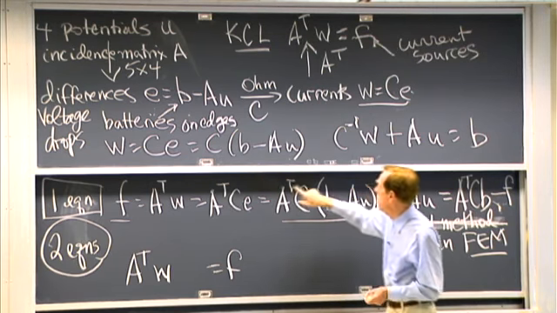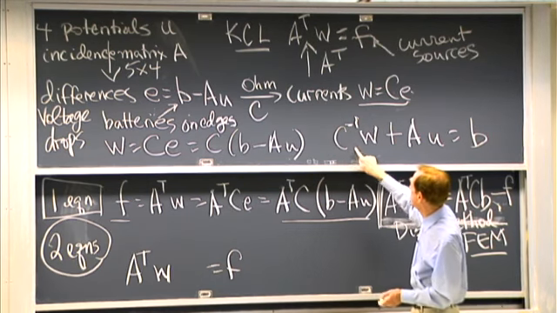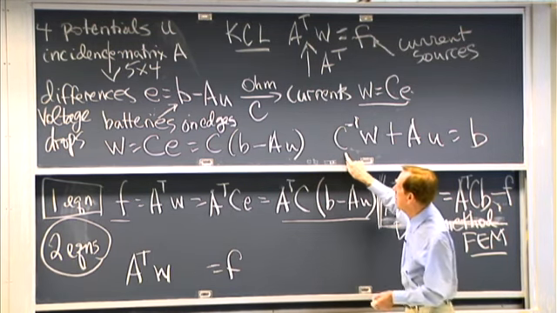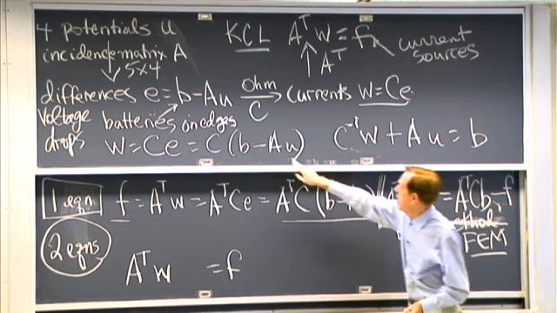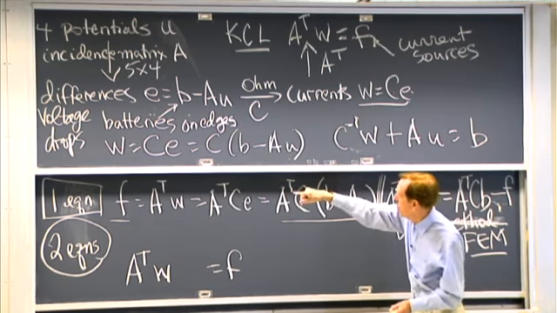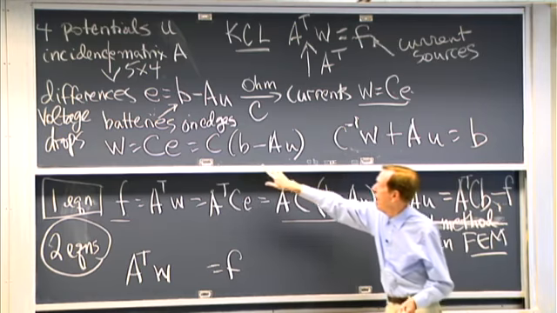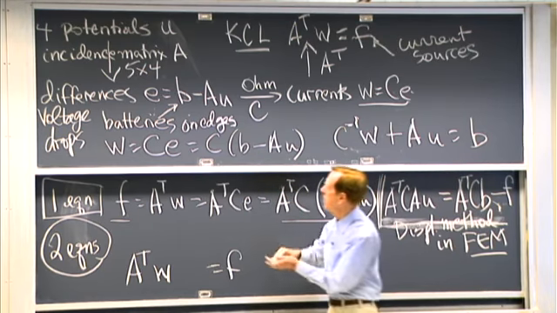That, we know. If I multiply by the C inverse, then I have C inverse W, and I bring the AU over to the far left, and I have only the B left. Everybody saw that?